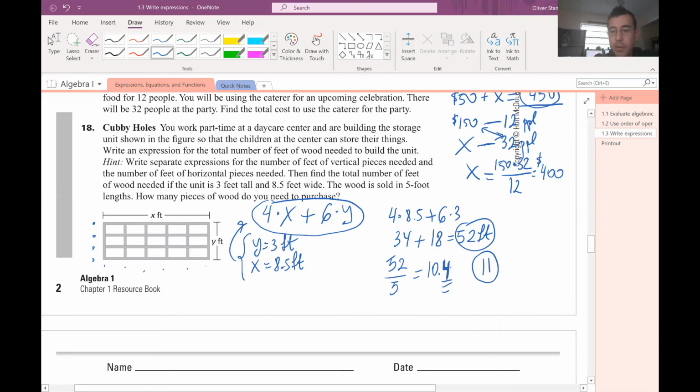The next whole number after 10, because we need 10.4 pieces. So we're going to purchase 11 pieces. 11 wood pieces is what we need to purchase.